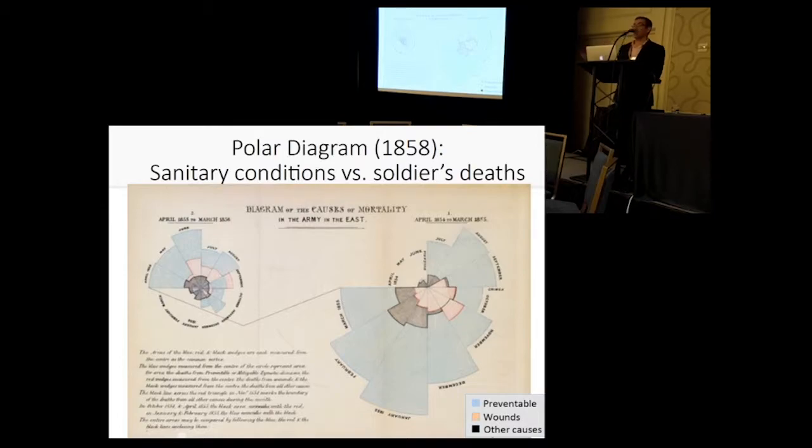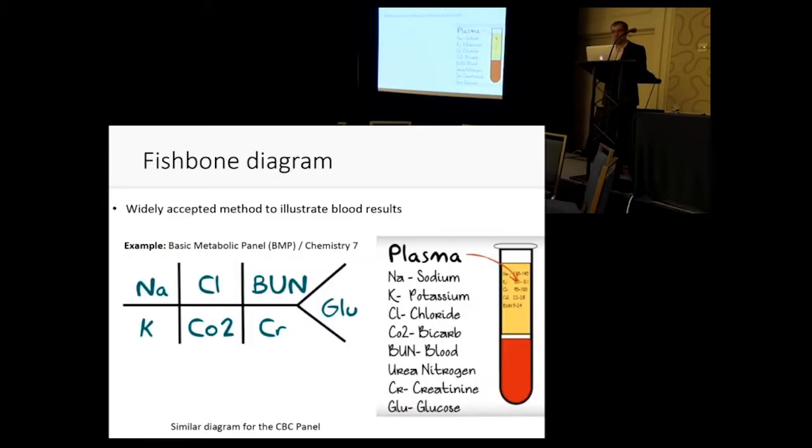So since the 1800s, people have been using healthcare data; we need to analyze it, we need to visualize it. And for those of you that have been in medical school or nursing school, most likely you know the fishbone diagram, right?